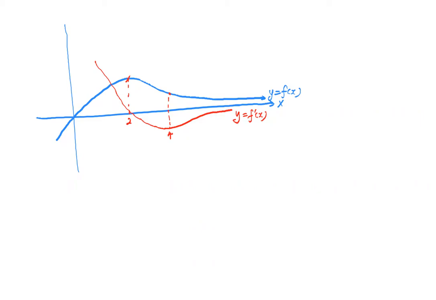Then your y equal to f''(x) goes like that. So this is your y equal to f''(x). Do you see? f''(4) is equal to 0, am I right? So you want to get the x coordinate. This is the x coordinate of the inflection point of y equal to f(x), the blue color. And this is the stationary point.